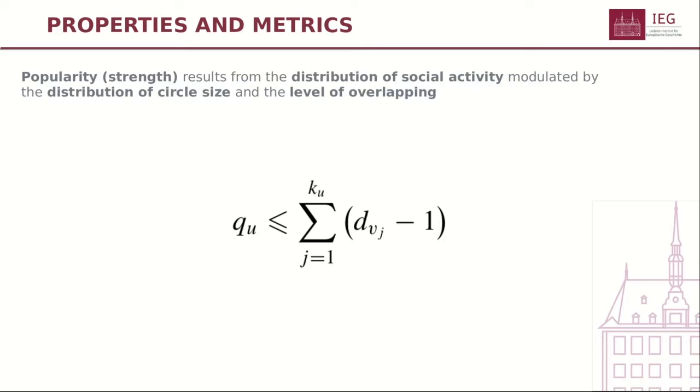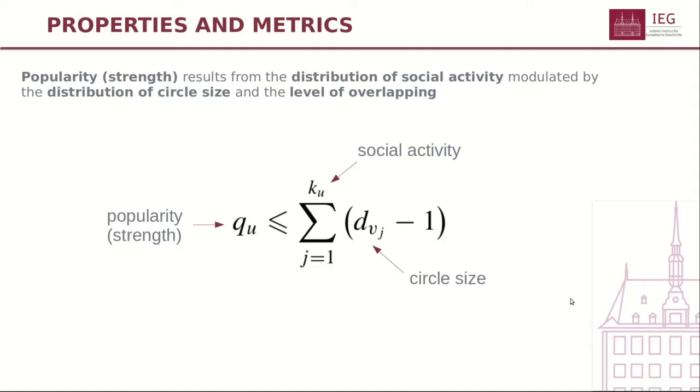Okay, so I'm trying to make it clear here because those concepts are of course a little bit complicated, but the idea is that the popularity of an actor is the sum over all the social activity, that is the sum over all the circles of the circle size minus 1, which is the actor herself.